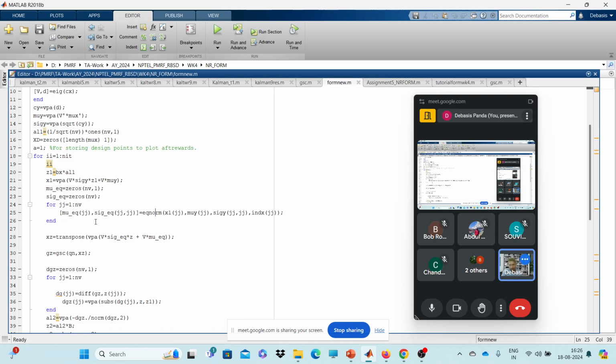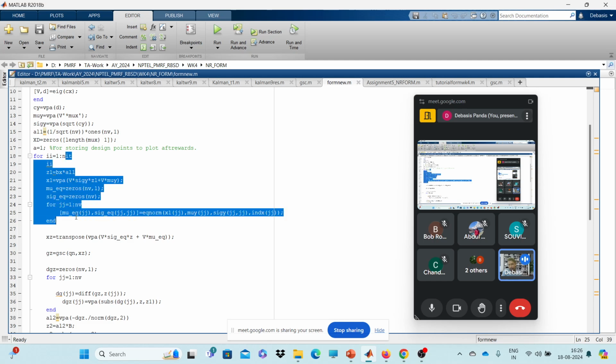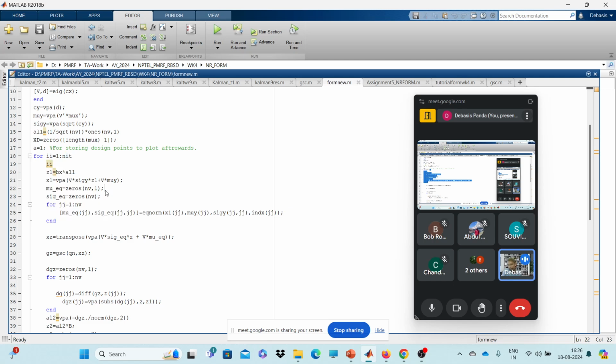So this part is doing the conversion from non-normal to normal. For now you can skip it, since we all have normal variables for now, so we don't need to convert. Ultimately, if you want to make a generalized code, there can be non-normal variables and correlation.